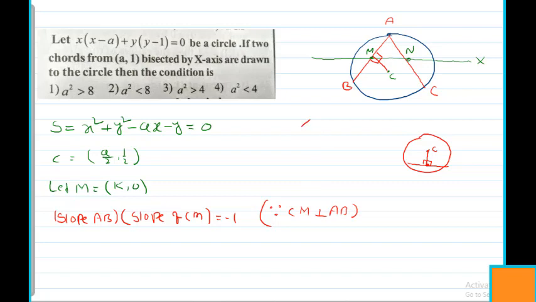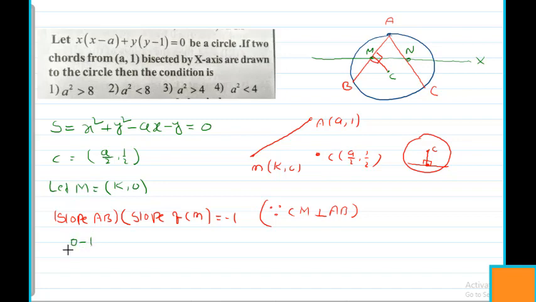Let me rewrite here. These are the A coordinates, (a, 1). This is M, (k, 0). And C coordinates are (a/2, 1/2). Using the slope concept, slope is (y2 minus y1) by (x2 minus x1). Slope of AB or slope of AM, both are the same.